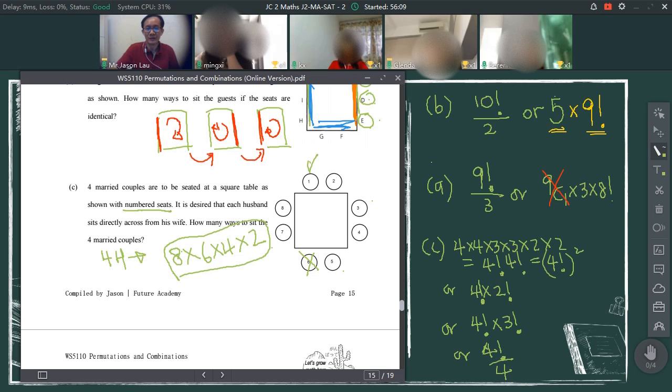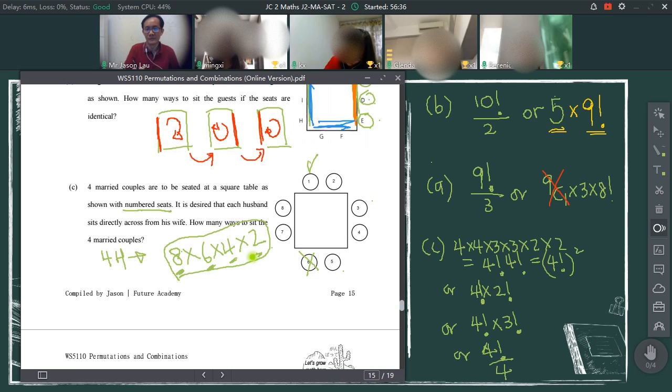Once you arrange the husbands, the wives follow. Because the husband has a free row, all these are the possible seats that the man can sit, and then the wife also sits at those possible seats.